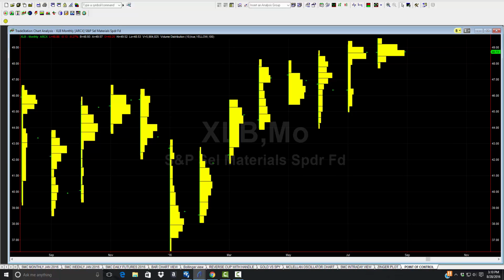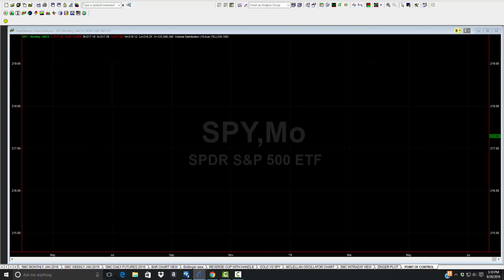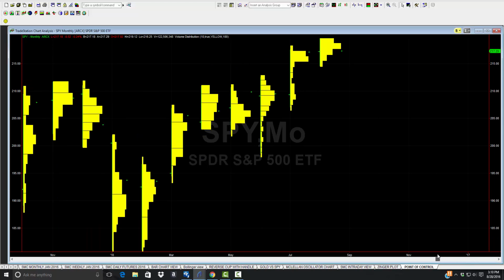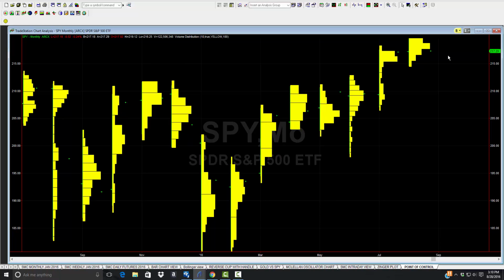So the point that I'm making is that with the SPY, we'll bring the SPY back up. What's underpinning this? Tech and the building materials, but certainly not transports, not the XRT, not the IBB. Very susceptible here, folks.